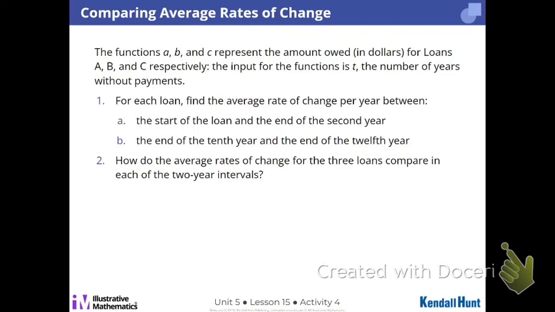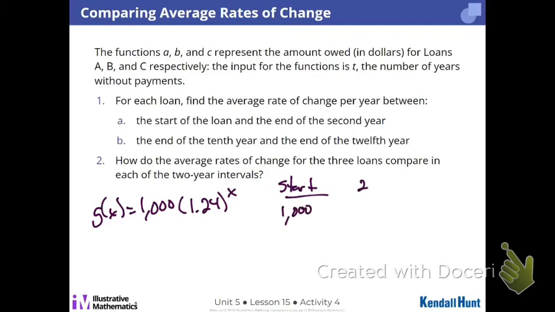I'm actually going to choose the middle loan. So the middle loan was g of x equals 1,000 times, what was my rate again? 1.24. Okay, so that's my loan. We're going to find the rate of change between the start and the end of the second year. What am I starting at? This is the easy question. 1,000.